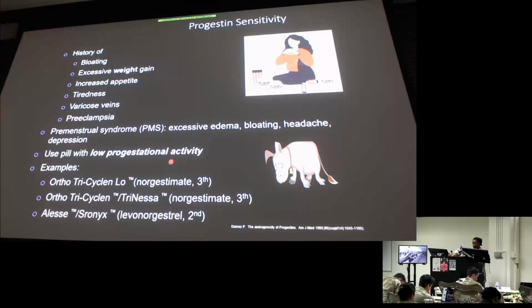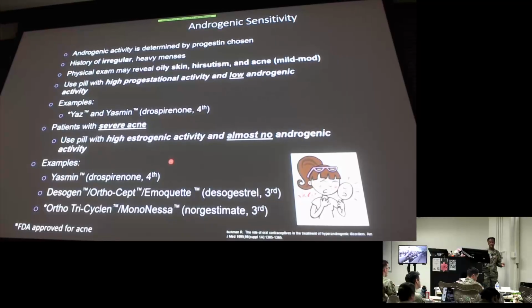Now, looking at androgenic sensitivity. Your androgenic activity is based off of the generation of progestin that you are using. Whichever progestin is in that combined oral contraceptive is going to determine the type of androgenic activity that is present. When I look at this, I think about different sex hormones that can cause oily skin, irregular cycle, excess hair, mild to moderate acne.